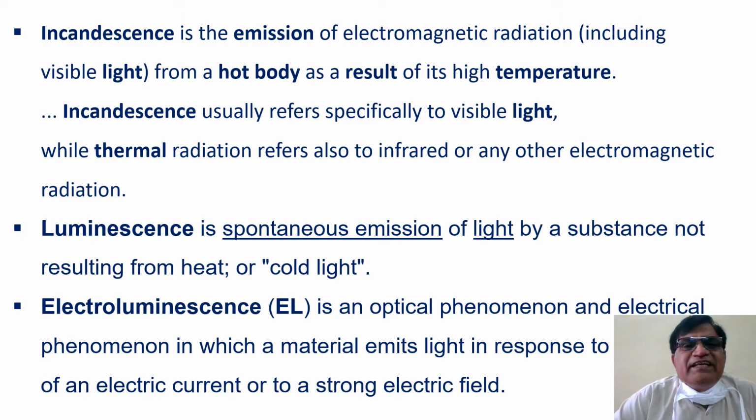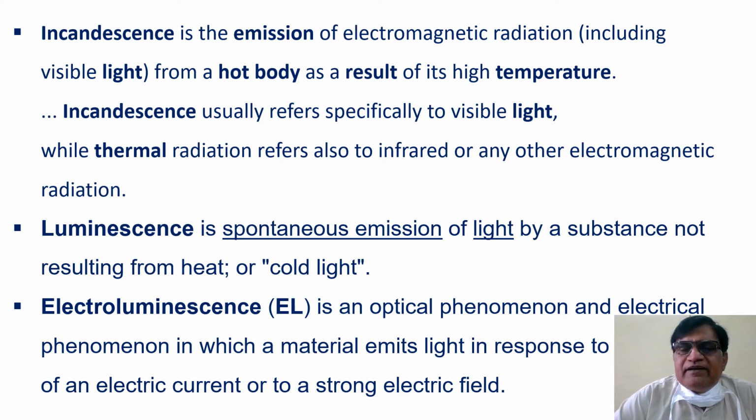You might have seen light coming out of a red hot body. Whenever you heat a body above a certain temperature, you see visible light. We call it incandescence, the emission of electromagnetic radiation from a hot body as a result of its high temperature.